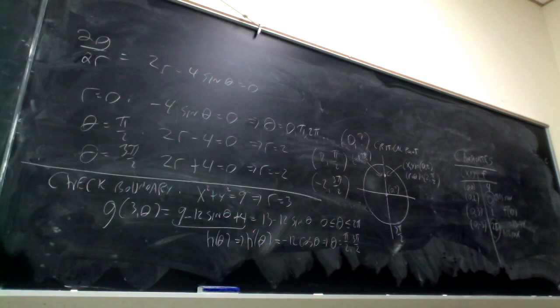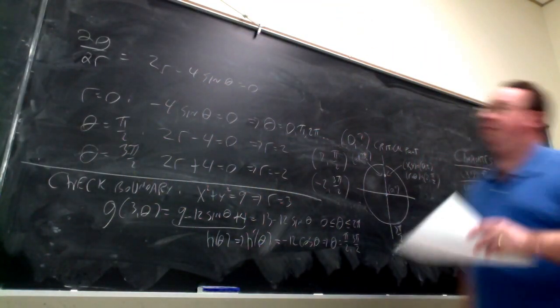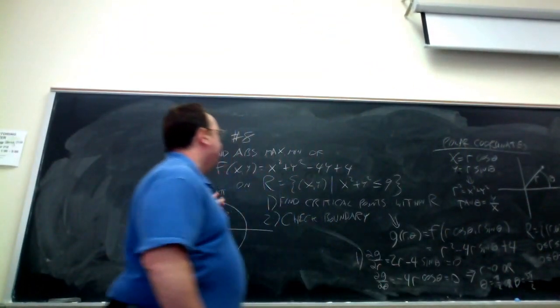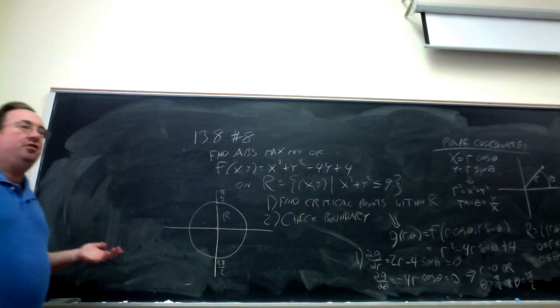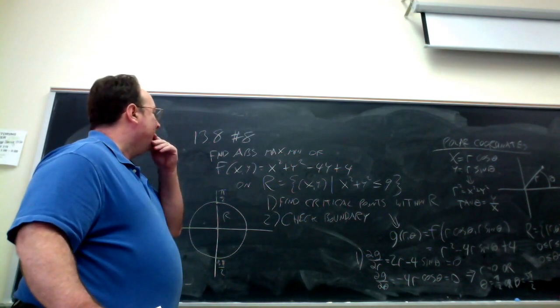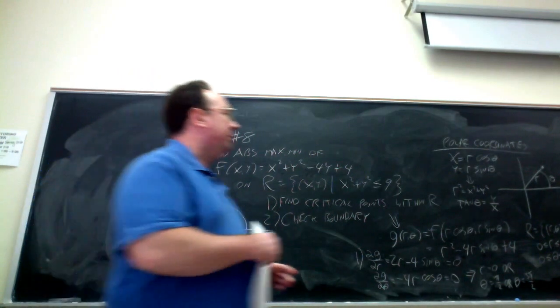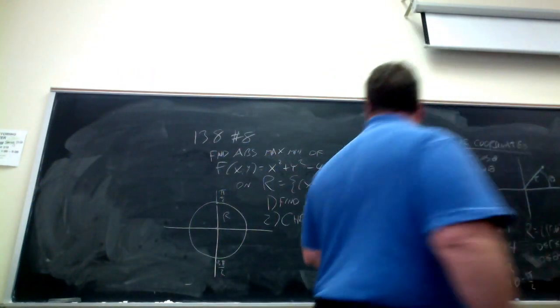What would have happened is, the derivative of the original function with respect to x is just 2x, so x is 0. Any critical points have to satisfy that. And with respect to y, you have 2y minus 4, which gives you y equals 2.